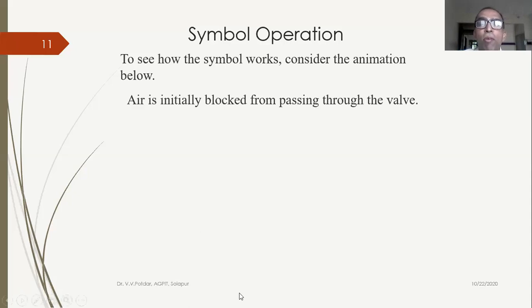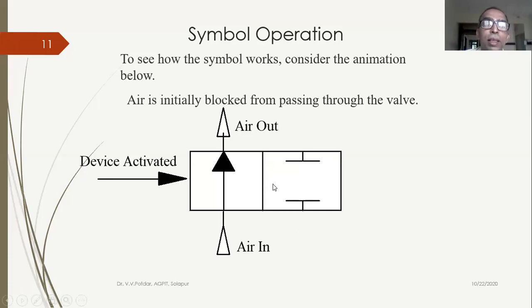Air is initially blocked from passing through the valve, as you can see. See, this is the first position. Device actuated. Now this actuation of device can be by using a pilot valve, can be by using a lever, or some pilot pressure is also applied. So there can be one more pneumatic supply that will push or pull this directional control valve. So device actuated. So this is a 2 by 2 valve.